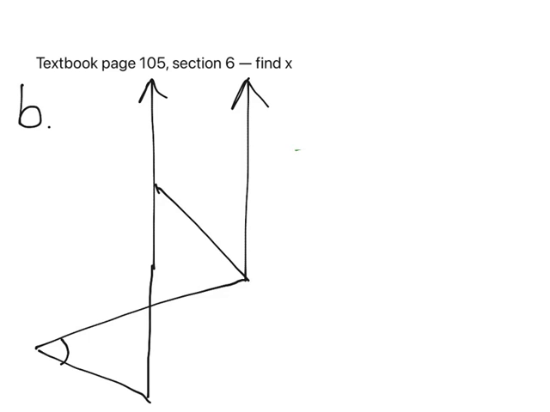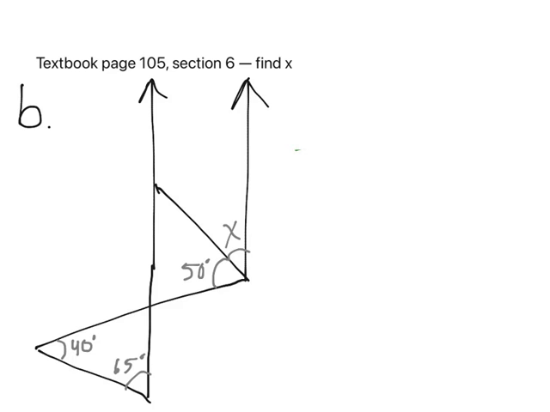We're given certain angles here: 40 degrees, 65 degrees, and 50 degrees, and asked to find x.